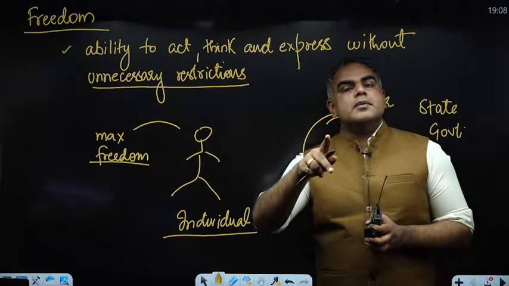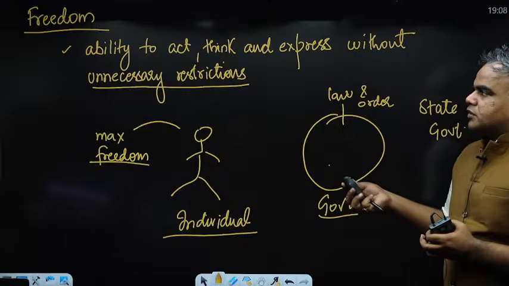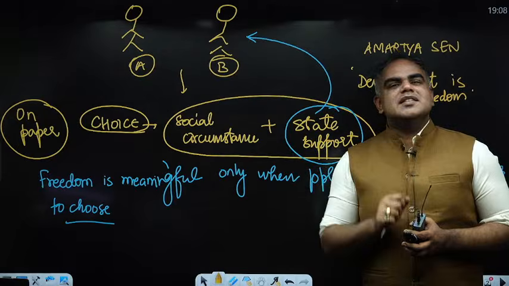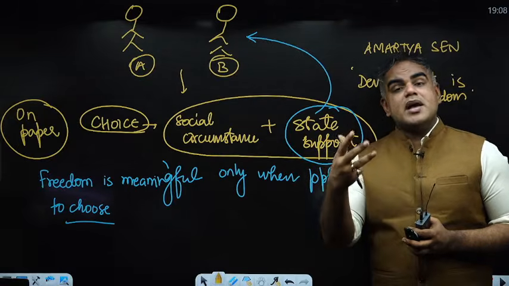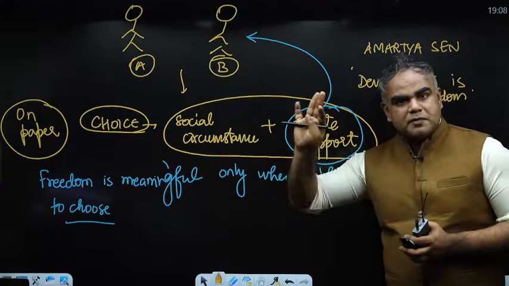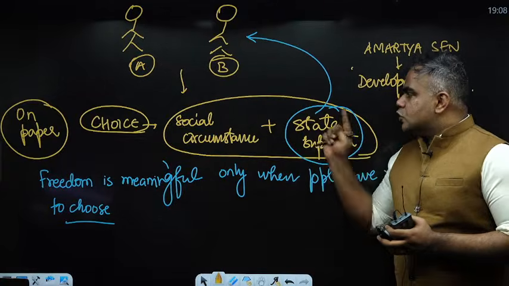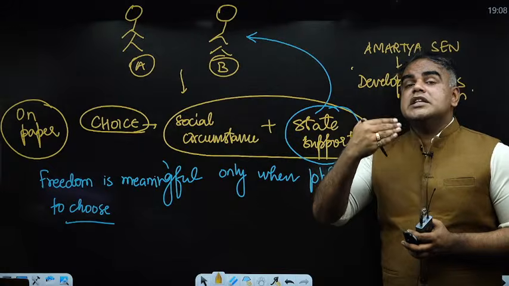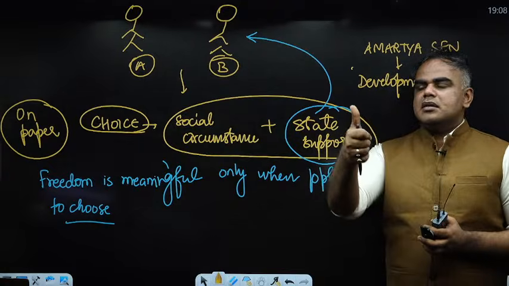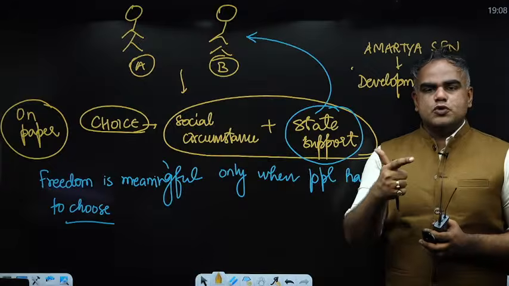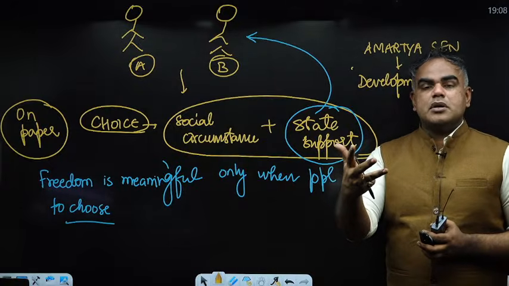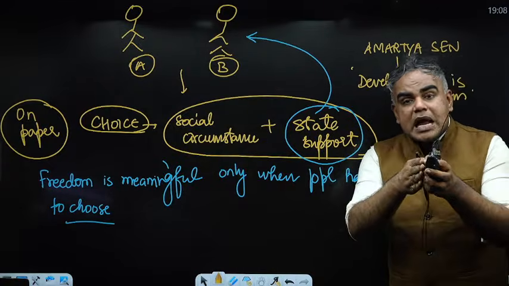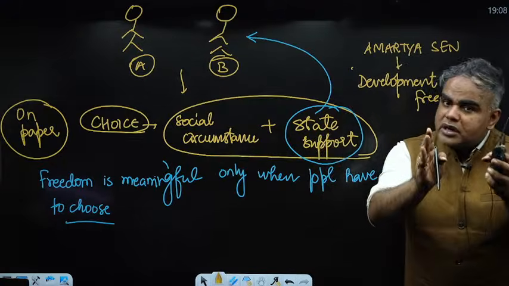But later on, we saw this definition that not everybody is equal. Some people require at least upliftment, right? So that means if the state is taking actions like, let's say, creation of a hospital, creation of public schools, free education, reservation, that also enlarges freedom. It does not restrict the freedom.